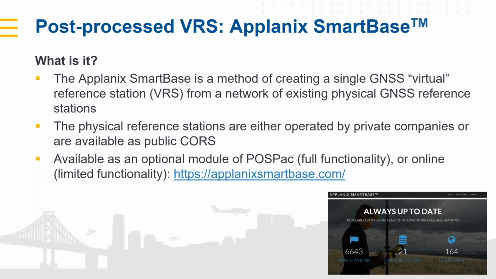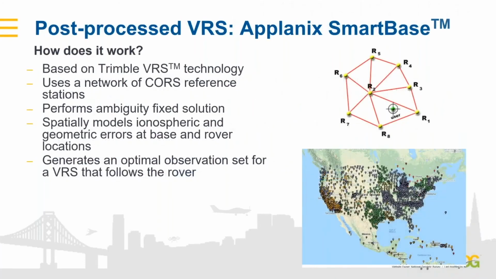So we're utilizing this network of stations to create a virtual reference station. This can typically be done nicely with your CORS stations, or if you subscribe to any private companies, you can supplement those. Additionally, talking a little bit about exactly how it works, we're utilizing Trimble's VRS technology to take that network of stations and obtain a fixed ambiguity solution.